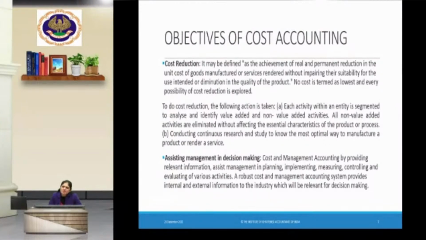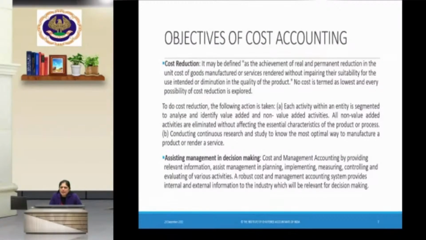Assisting management in decision making, of course. Objectives of cost accounting is giving all sorts of information to the management in the form of periodical statements, in the form of reports, in the form of stock reports, and any different form of reports that the management wants from the cost accounting department. So all this information is basically for decision making.